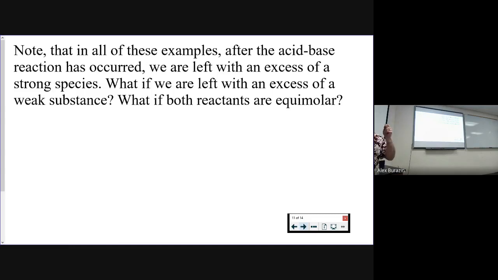But in my two other examples, I had strong acid, weak base, with excess strong acid in that problem. Then we did weak acid, strong base, and I had excess strong base in that problem. Every single problem we've done so far on this worksheet has had extra strong substance. What if we're left with extra weak substance? Or what if we have equal amounts of weak acid and strong base?